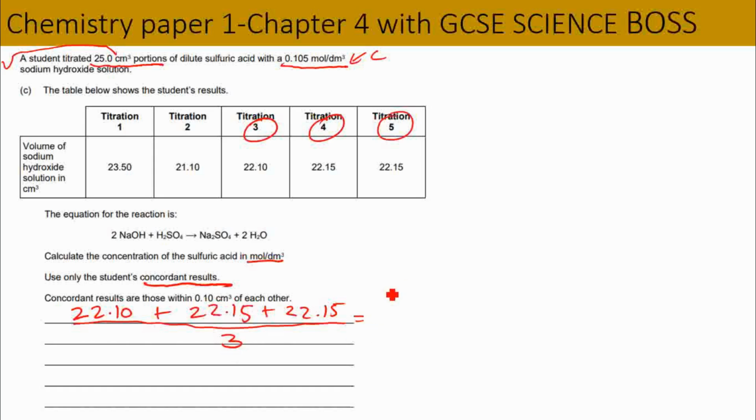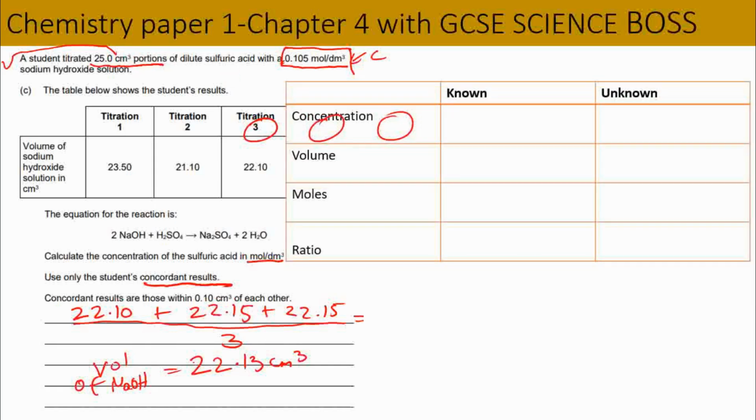That's going to give me an average of 22.13 cm cubed. That is my volume of sodium hydroxide. Okay, good. So now that we have the volume and concentration of sodium hydroxide, and the volume of sulfuric acid, we can go ahead and set up our calculation card.